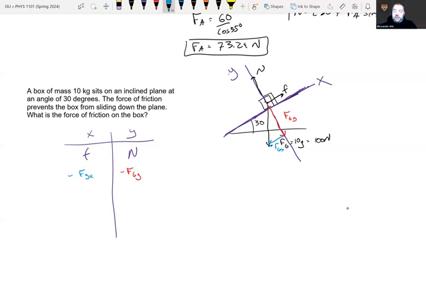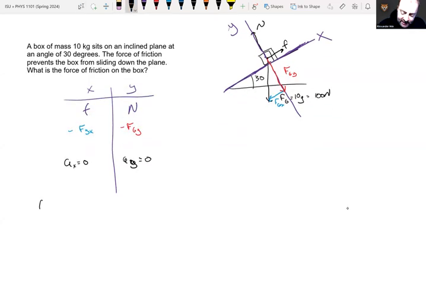Now we know this thing is stationary, so we know that a sub x is equal to 0 and a sub y is equal to 0. What this implies is that the friction is equal to the x component of gravity in this system we've drawn, and the normal is equal to the y component of gravity in this system that we've drawn.